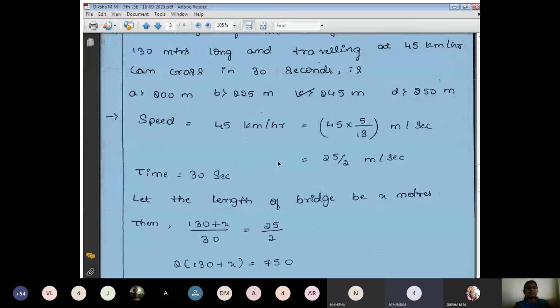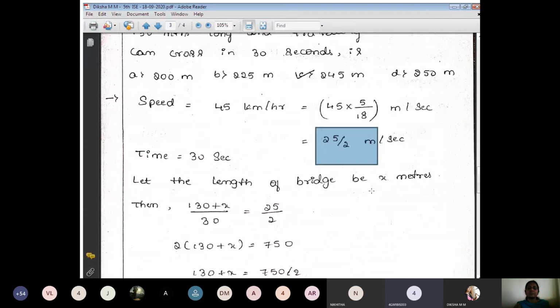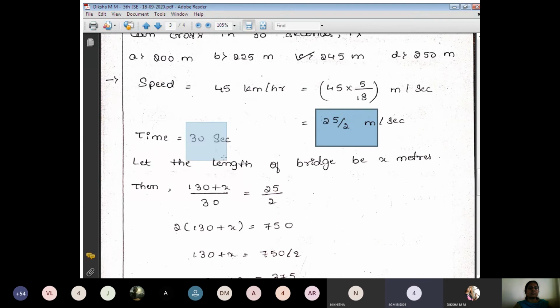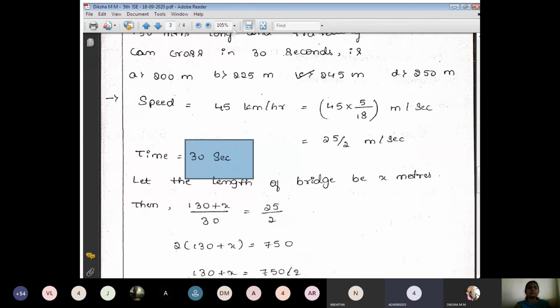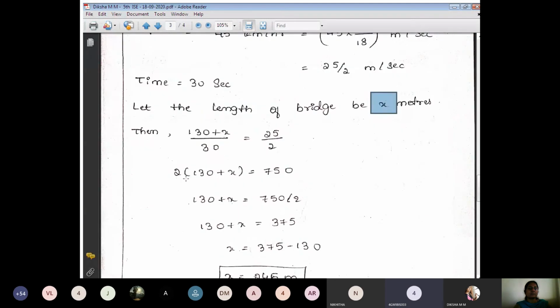First we need to convert that speed to meters per second. There is a formula: kilometer per hour into 5 divided by 18. When we do that calculation, we get the speed in meters per second. The time is given, that is 30 seconds. Now we have assigned the length of the bridge as x meters, and by applying the formula, speed is equal to distance by time, we need to calculate the length of the bridge.